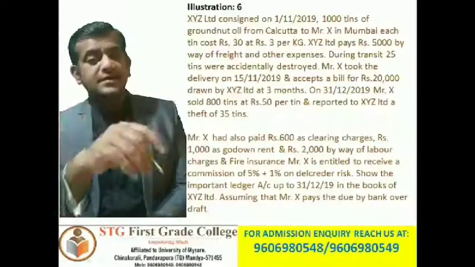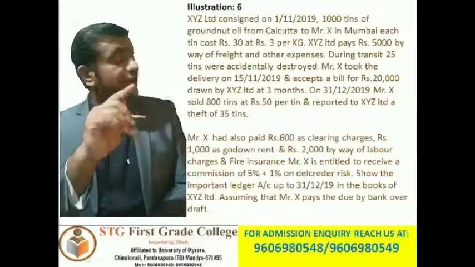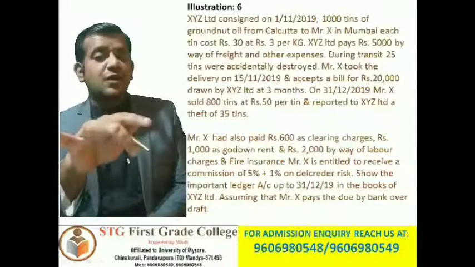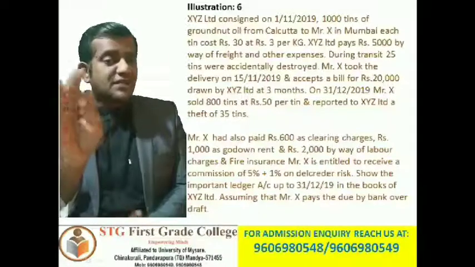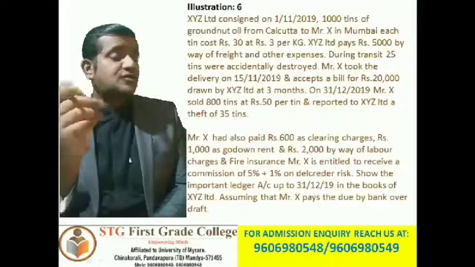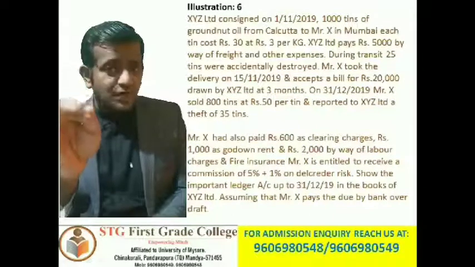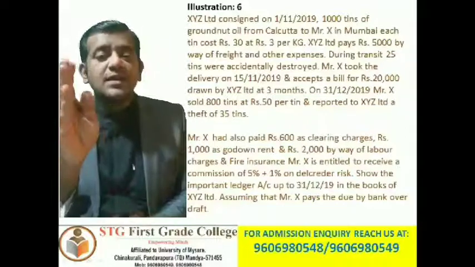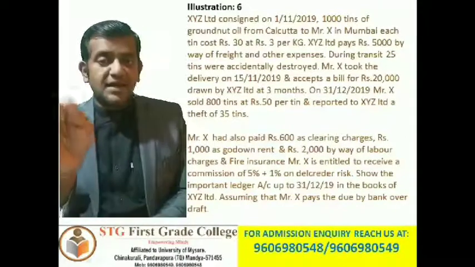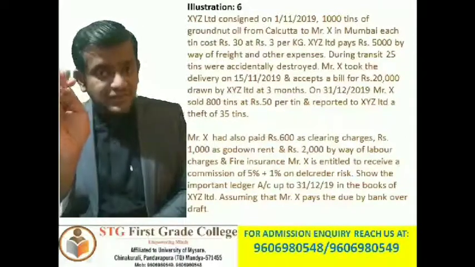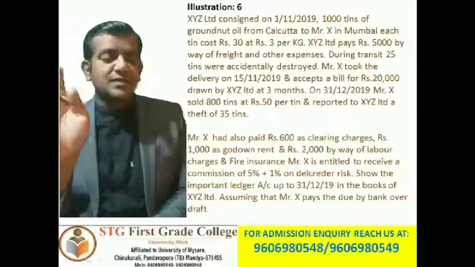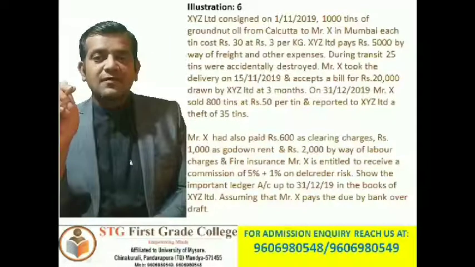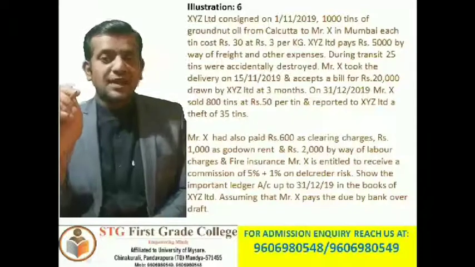During transit, 25 tins were accidentally destroyed. So 25 tins accidentally got destroyed. I have already told you from problem number 1, whenever goods are destroyed, you are supposed to do a working note to find out the abnormal loss.